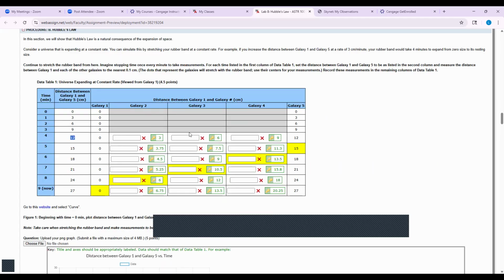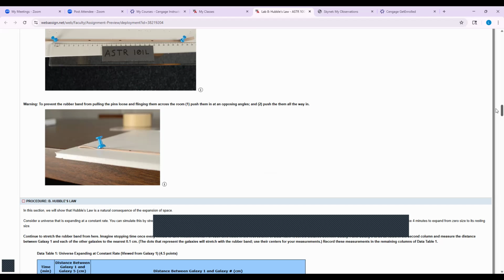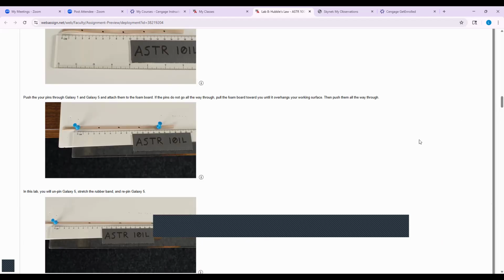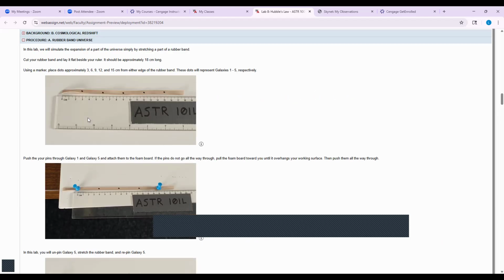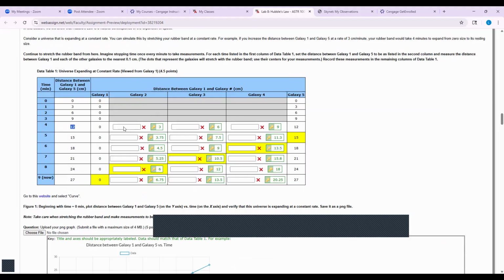We put 3 here, and the second one 6 and 9. This is exactly the dimension that we have originally before stretching: 3, 6, 9, 12, and 15. Therefore, the first row that you see is already there. And for the third one, at 15, we assume that a minute has passed and we see how much it has grown.